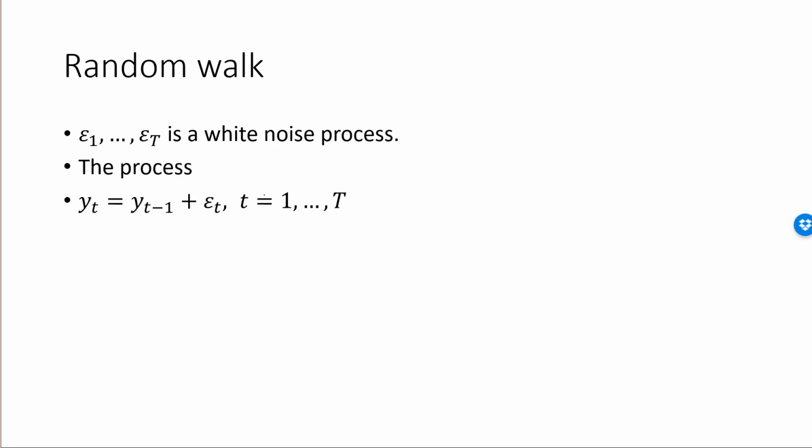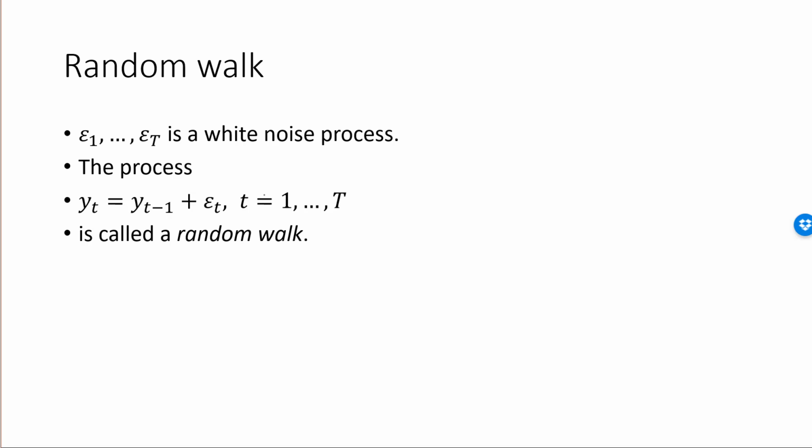So to summarize, a random walk process is a process where the error terms are all white noise. Then the process yt equal to yt minus 1 plus epsilon t is called a random walk. Note that this is indeed a special case of the AR1 process where beta 1 is 0 and rho is equal to 1.